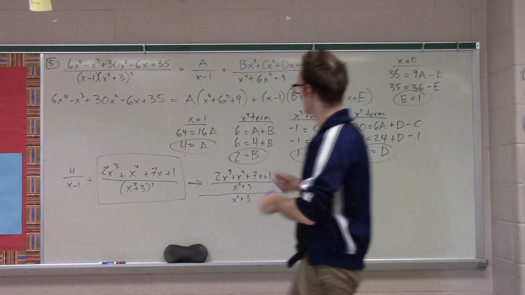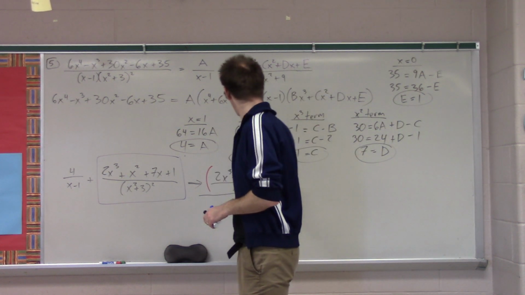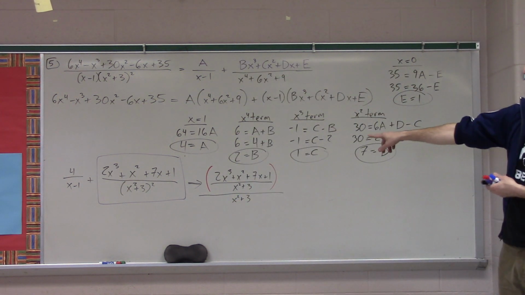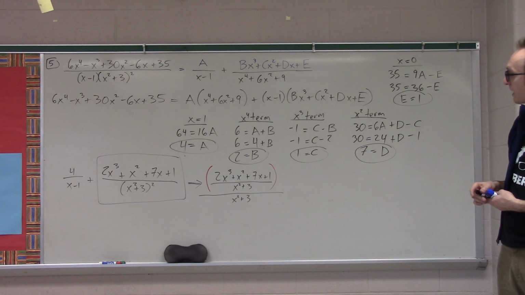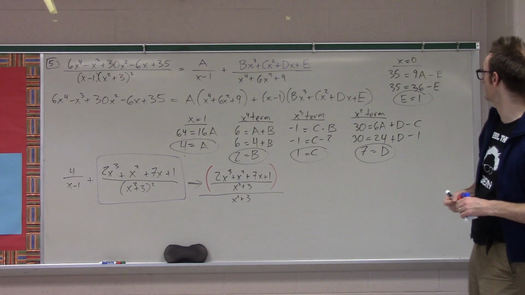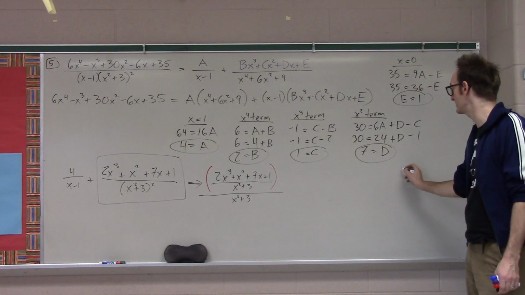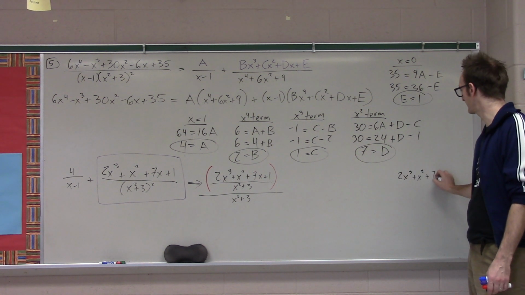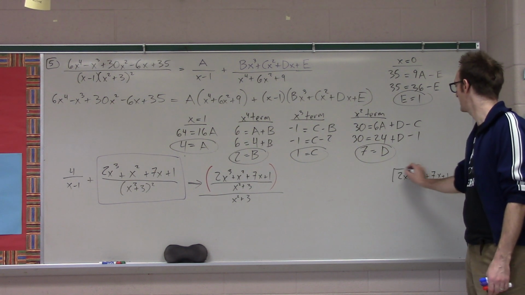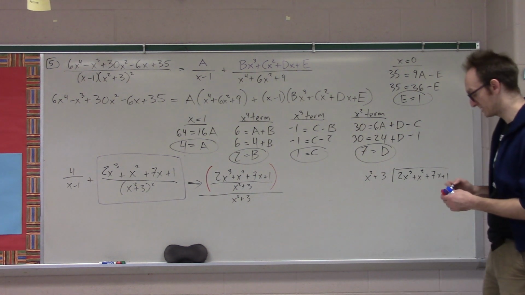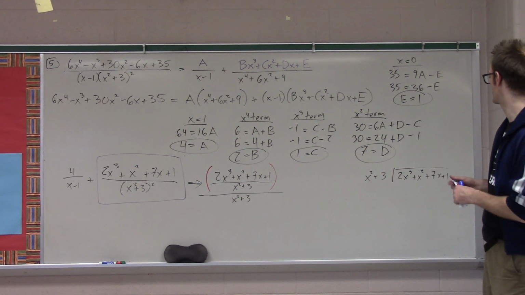And this numerator here can be simplified because it is a cubic over a quadratic, and so we can do polynomial long division. So over here now, let me just do that polynomial long division. It's 2x cubed plus x squared plus 7x plus 1 divided by x squared plus 3. How many times is that going to go in? Let's check it out.